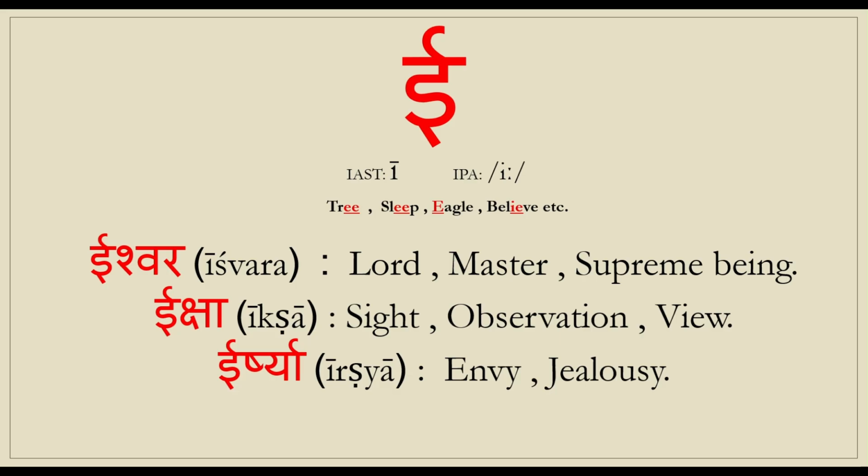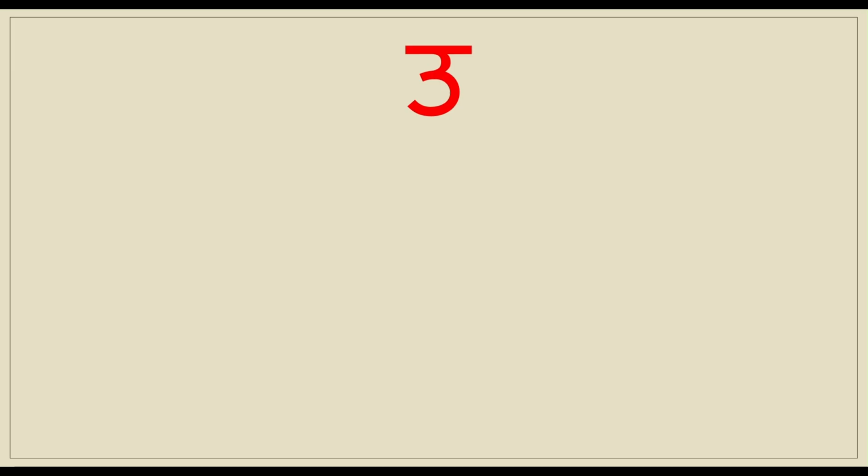Moving forward, our next vowel is u. This is the short u. In IAST, it is represented by a simple u, and the English examples to understand this sound are but, bush, full, and book, for a very, very short time.